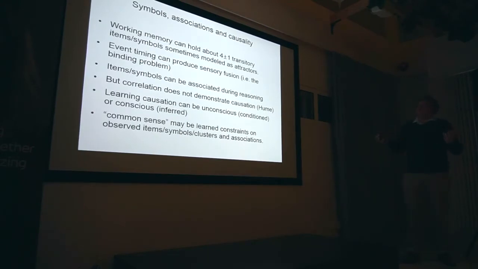You can associate these symbols in reasoning, and the causation becomes important. And learning causation actually can be both conscious and unconscious. In working memory, it's conscious, but in conditioning, it's unconscious. There's a lot of unconscious processing in the brain. And I would hypothesize that actually common sense is the learned constraints that we observe. That we can recognize anomalies, for example, just by seeing that they don't fit patterns.